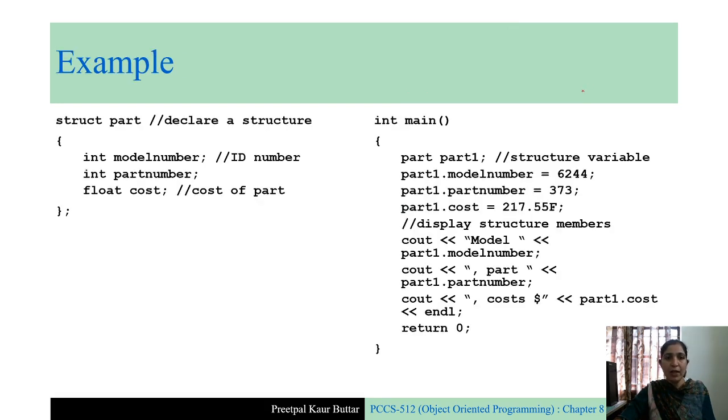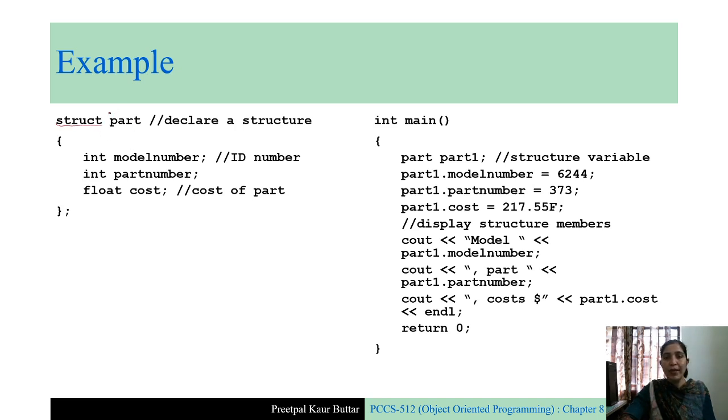Now we look at an example of a structure. In this example, you will know how to create a structure, how to declare a structure, how to create the instances or variables of that structure, and how to access the variables in a structure. All these things will be known to you after discussion of this example. The first thing here is the keyword struct.